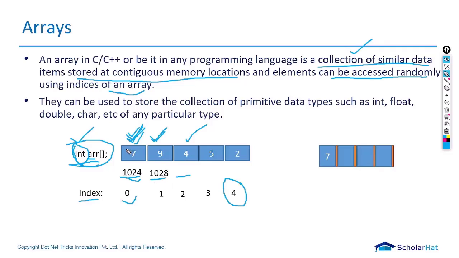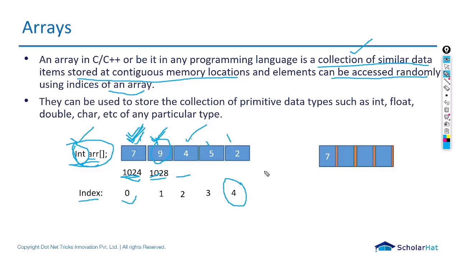Suppose you have stored 7 here and you want to skip this place and store 9 here. It is not possible. Whenever the first element is stored at 1024, the next element will definitely be stored at the 1028 memory address. So these are the addresses of the array elements: first, second, third, fourth, fifth.